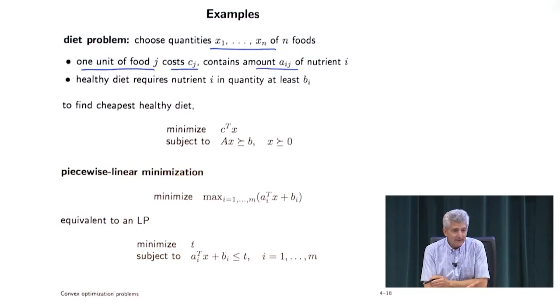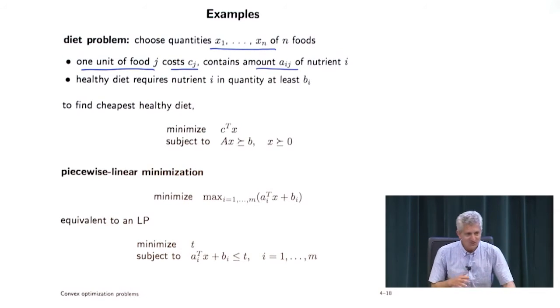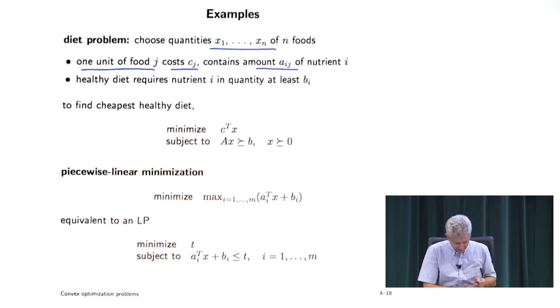Okay, and so the idea is now you're going to construct a diet, which is a mixture of these foods. Now, by the way, you're not supposed to visualize this like putting these things in a blender or something, because you'd come out with some brown goop. Anyway, it's not supposed to be appetizing. I guess to make it appetizing, that's a non-convex constraint. But we'll talk about that later.